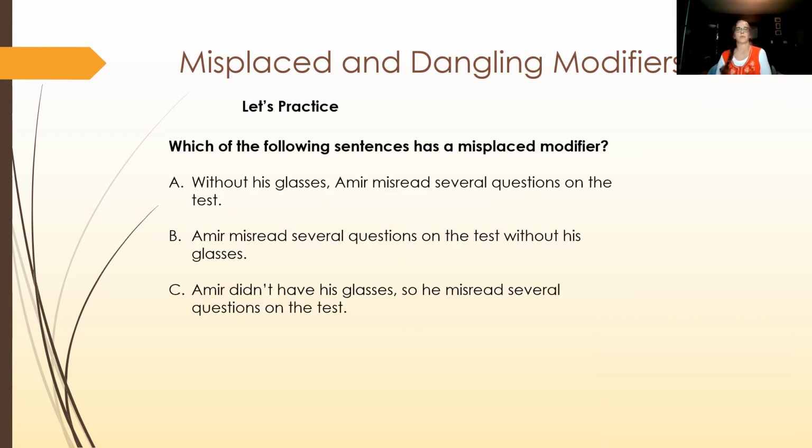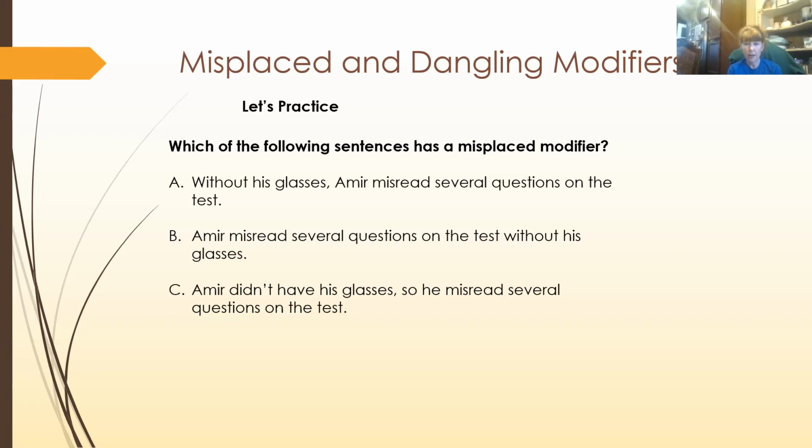So let's look at another one. Which of the following sentences has a misplaced modifier? Okay, so: A, without his glasses, Amir misread several questions on the test. B, Amir misread several questions on the test without his glasses. C, Amir didn't have his glasses, so he misread several questions on the test. Okay, so let's look at the phrases. Without his glasses describes Amir.